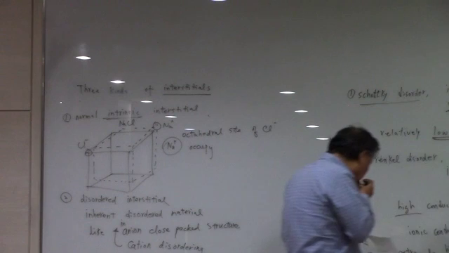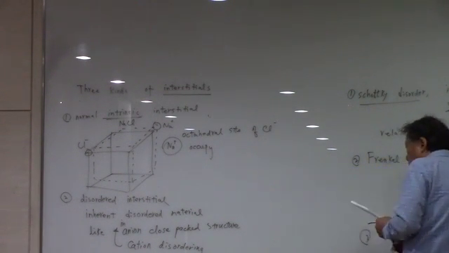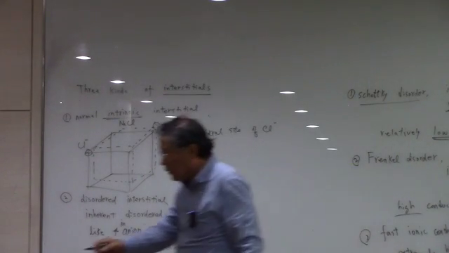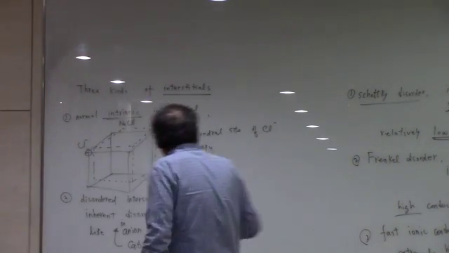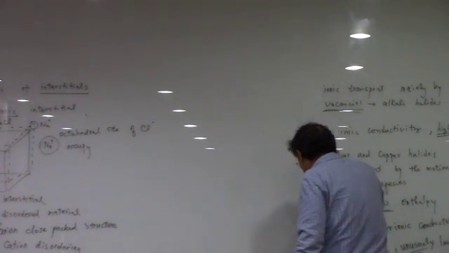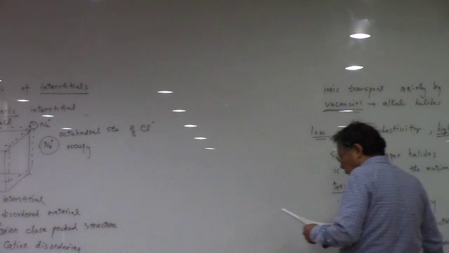And another interstitial that we have to think about in our fast ionic conductors is the external interstitials.